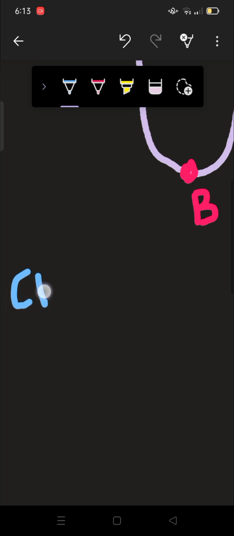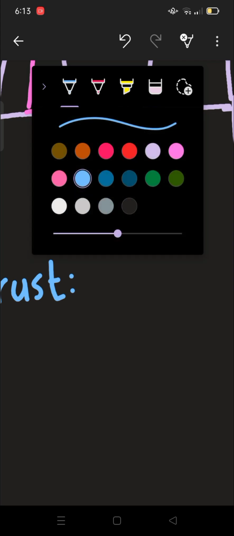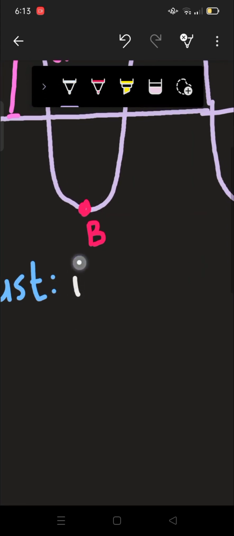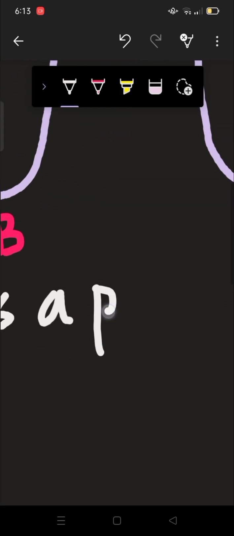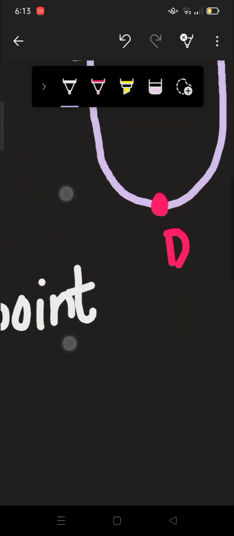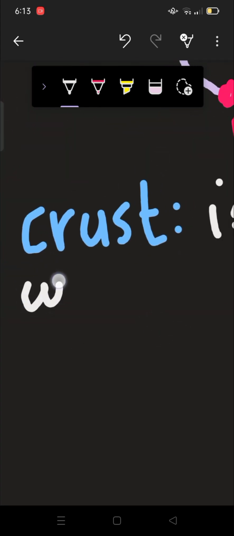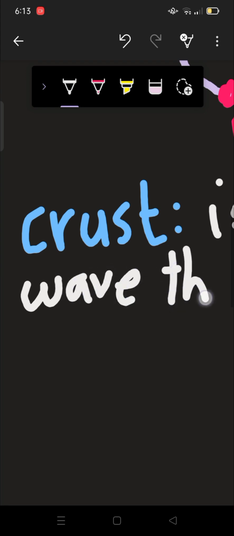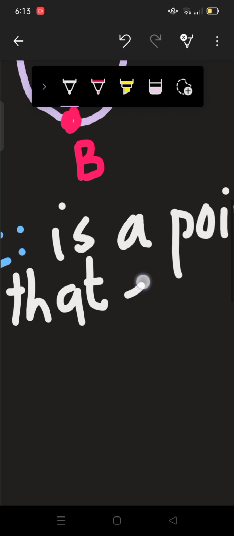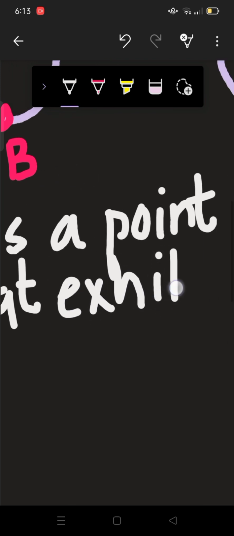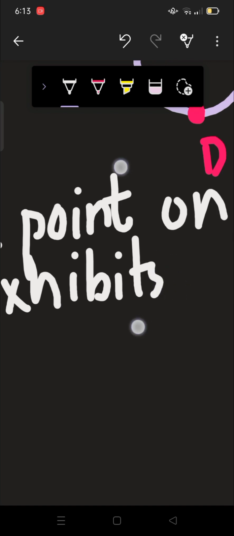So let me write these both points as crest. All right, so I should write the definition of the crest here as well. So what is a crest? A crest is basically a point on a wave that exhibits maximum positive or upward displacement.